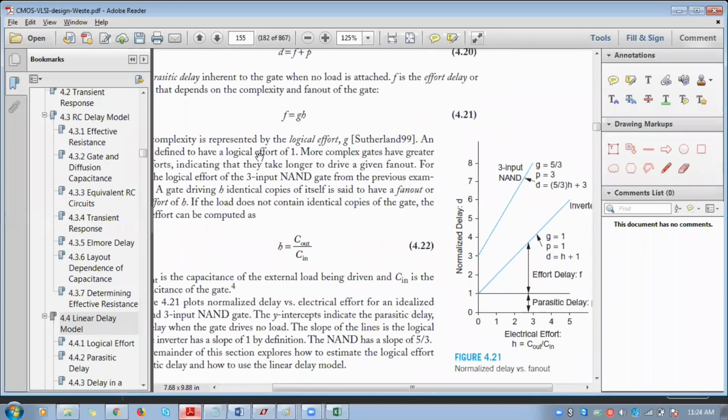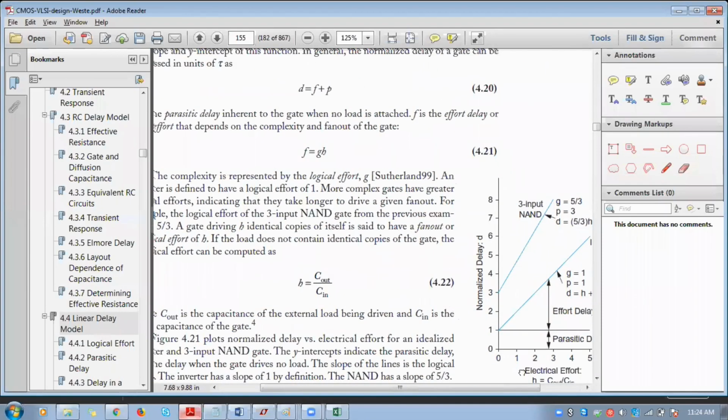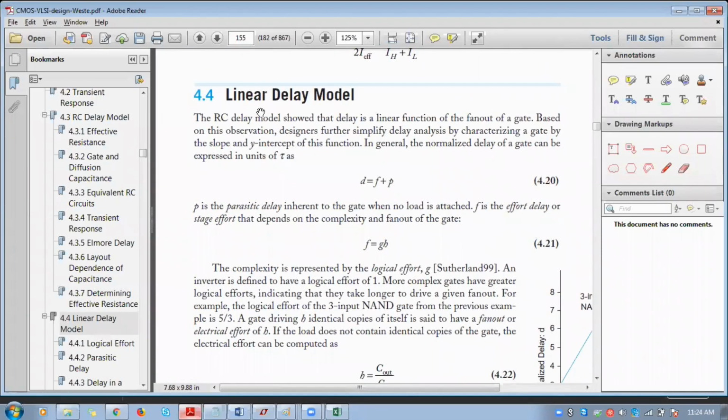We are going to calculate the delay of a particular gate. The electrical effort refers to how many other circuits it can drive, which is called fan out. We plot the graph between these two parameters. All the lines will be linearly increasing or decreasing, so that's why the delay model is itself named linear delay model.